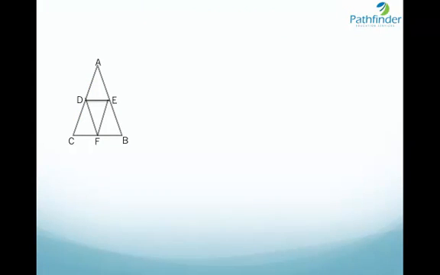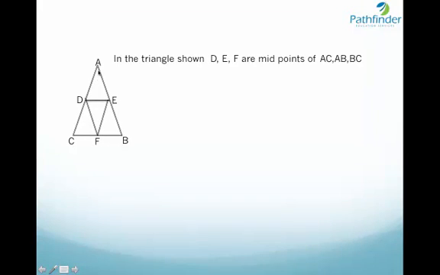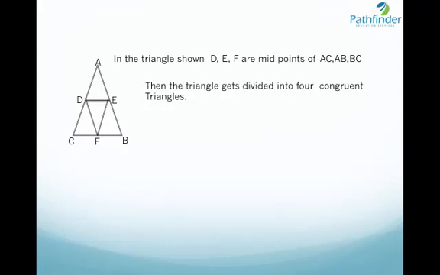Next, as a byproduct of this midpoint theorem, if we have a triangle ABC and D, E, F are midpoints of the sides AC, AB and BC, then we have the following outcomes. The triangle gets divided into four congruent triangles. So these triangles ADE, DCF, DEF, FEB are all congruent triangles.